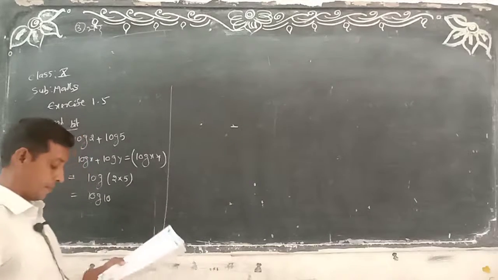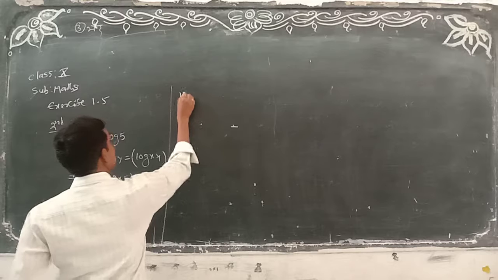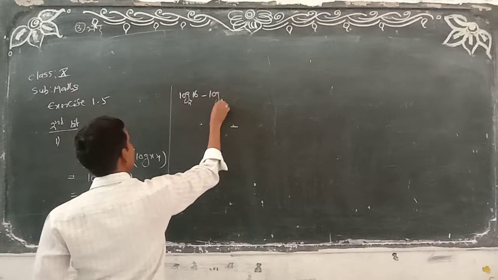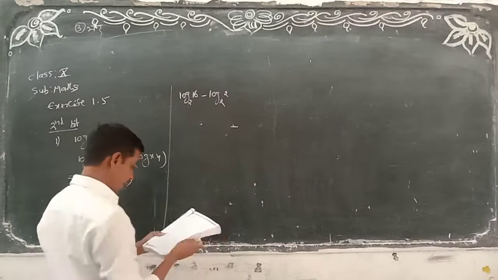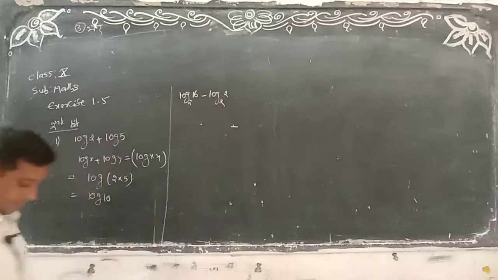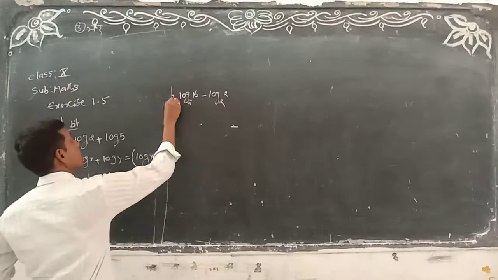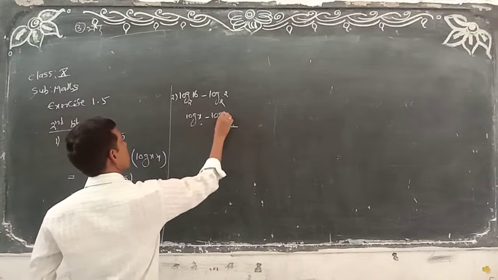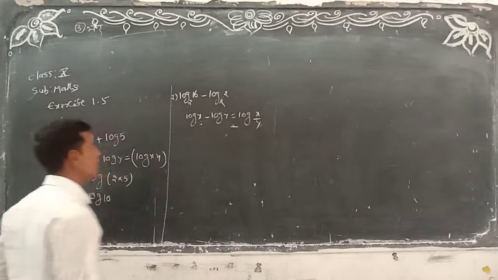Next, second problem. Log base 2 of 16 minus log base 2 of 2. Okay. So look here, what is the formula? Log x minus log y is equal to log x by y.